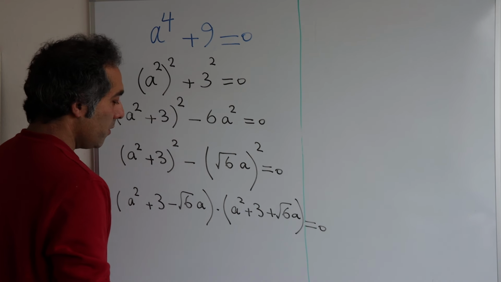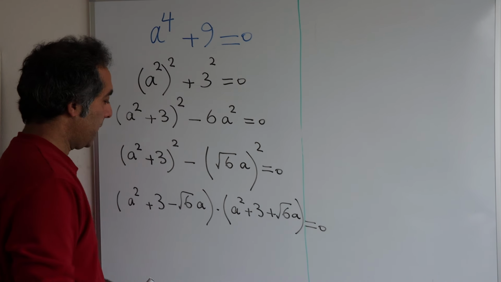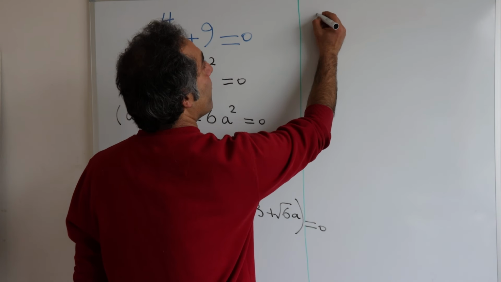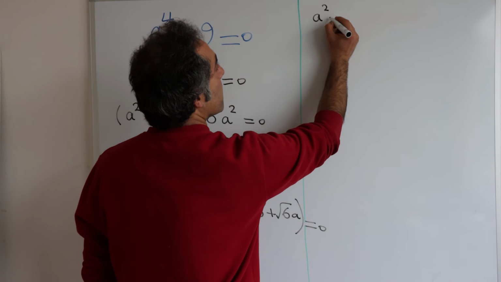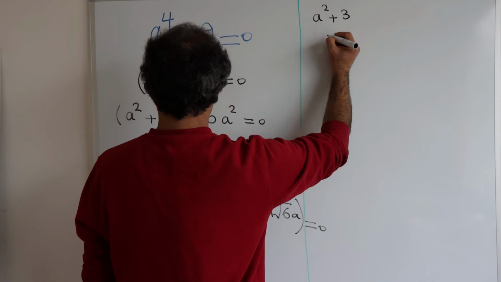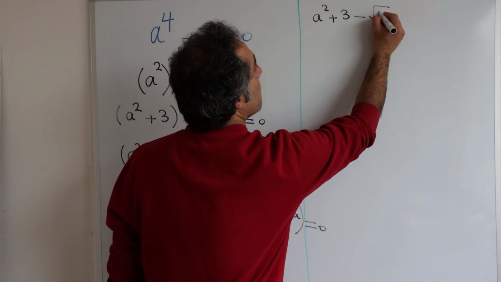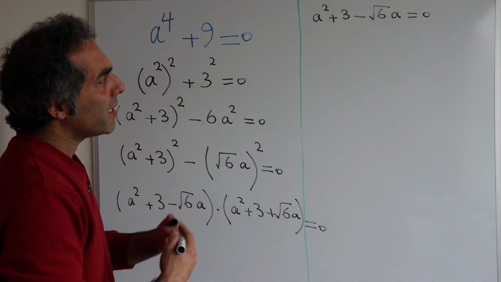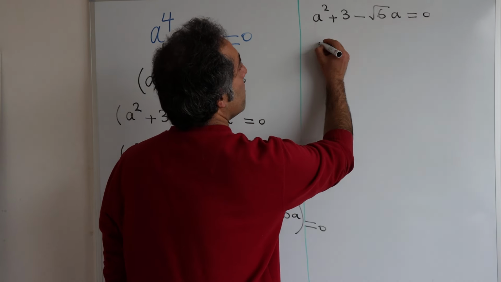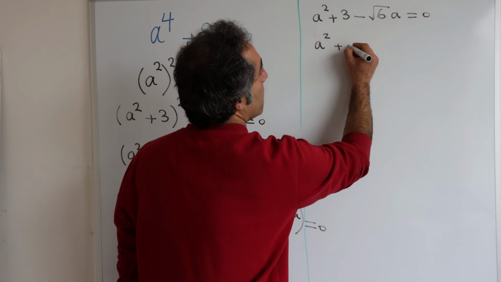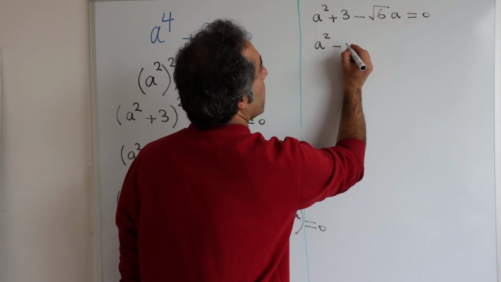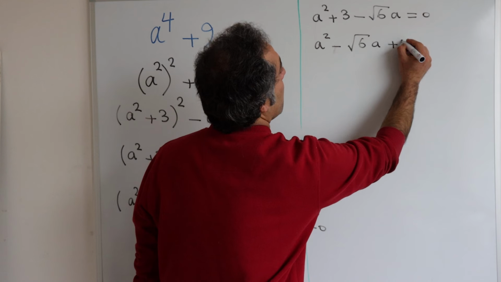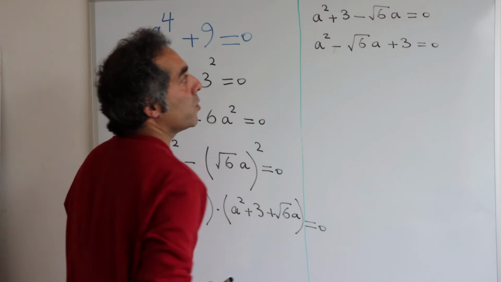Okay, now we have two cases. The first parenthesis equals 0, or in a standard form, you can write r squared minus square root of 6 r plus 3 equals 0.